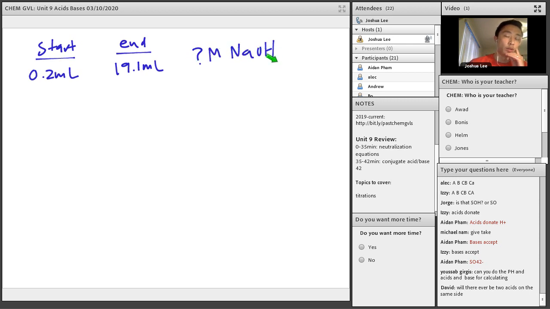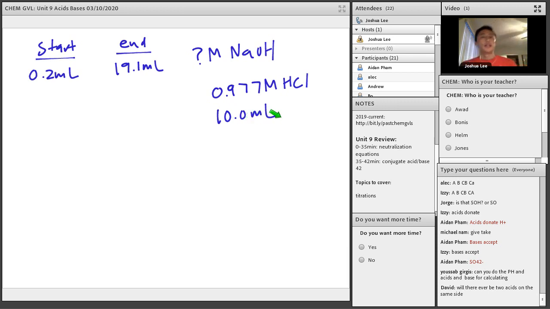But you do know the hydrochloric acid is 0.977 molar HCl, and you use 10 milliliters of it. How do we find the molarity of this base?